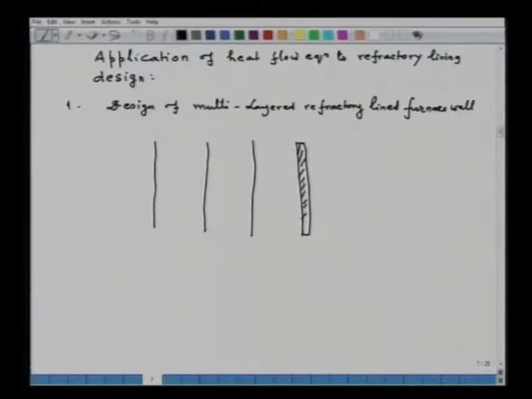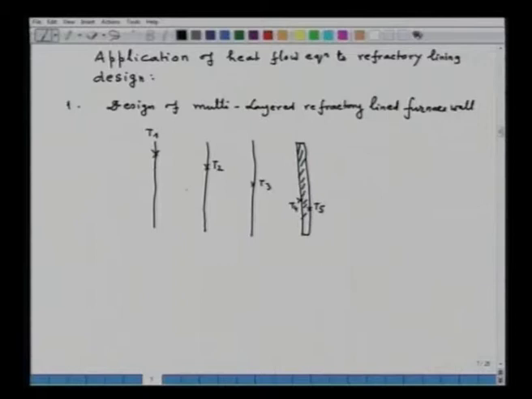So, this temperature is given as T1, this is temperature T2, this is temperature T3, here is temperature T4 and here is temperature T5.